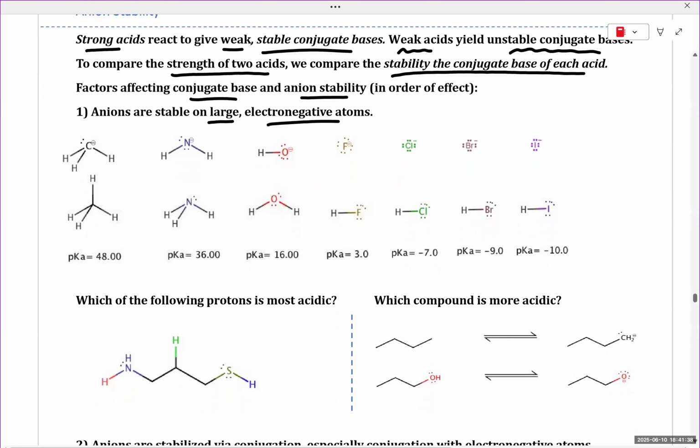So for example, as you increase atom electronegativity, your overall conjugate base stability increases and the acid strength increases. So as you can see, if we have a stable conjugate base, we have a stronger acid. So the more stable your conjugate base, the stronger your parent acid.